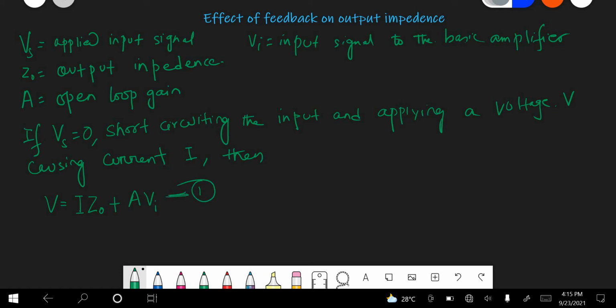Now from Vi is equal to Vs minus Vf, we know this. If Vs is equal to 0, this gives Vi is equal to minus Vf. This is equation number 2.